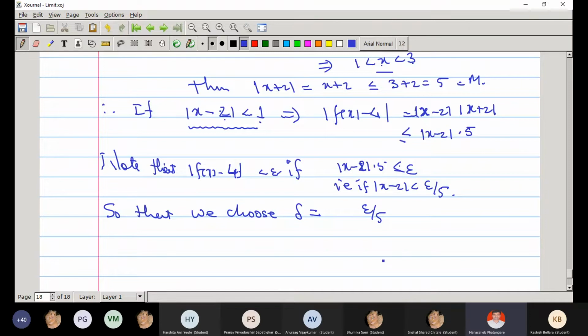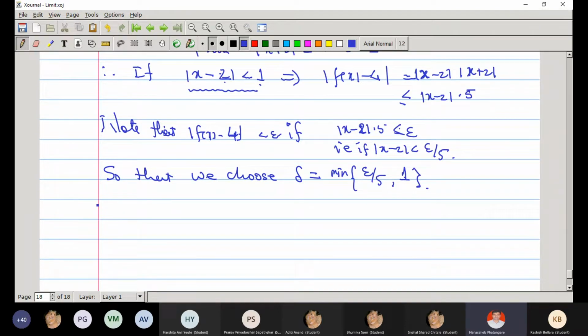That condition is there, so I should include that also. So the minimum of 1 and epsilon by 5. Right, very good. Because with respect to that condition, I got this epsilon by 5, so I should take the minimum. And once I choose the minimum of these two, certainly this delta works, right? So next, to verify that this is the required delta.